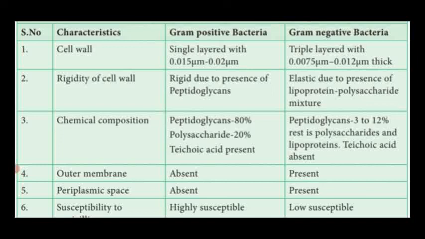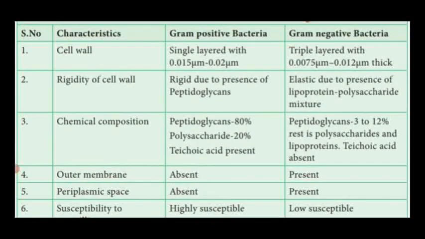Remaining are polysaccharide and lipoprotein. Teichoic acid is absent. Dear students, in the previous paragraph we have seen gram-positive bacteria contain teichoic and teichuronic acid in the cell wall. But it is absent in the gram-negative bacteria.